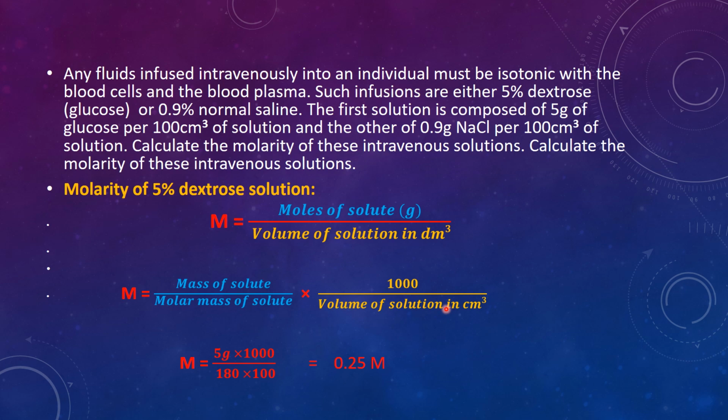So we will put the values here. Mass of solute is 5 gram, molar mass of the solute is 180 gram, multiplied by 1000, and volume of solution in cubic centimeter, that is 100 cubic centimeter solution. So when we solve this, we will get the answer 0.25 molar solution.